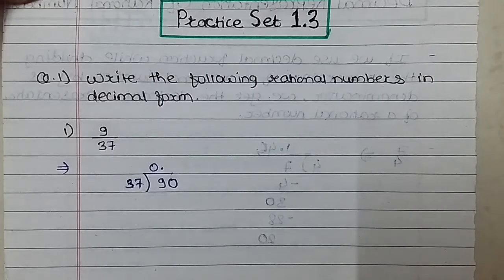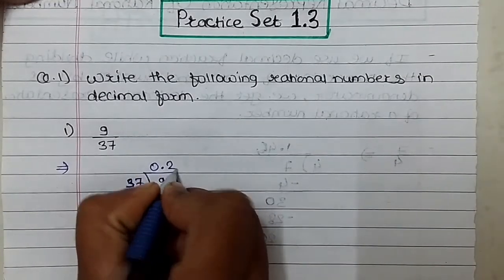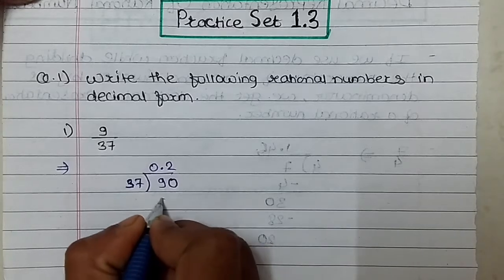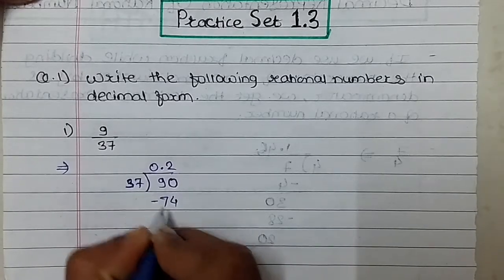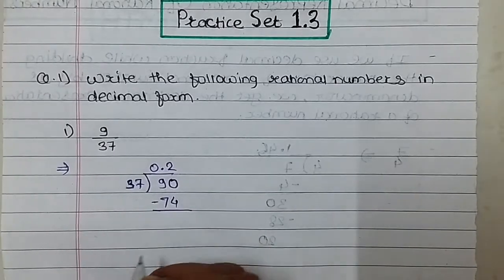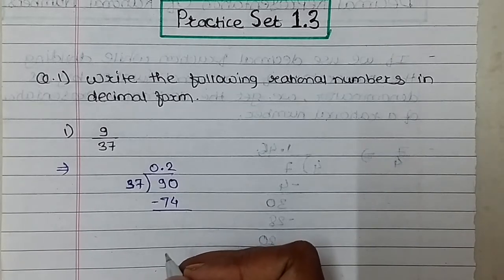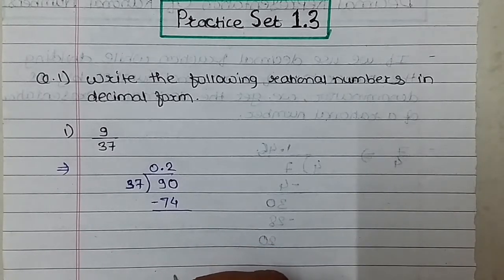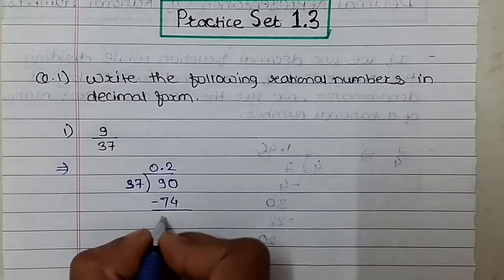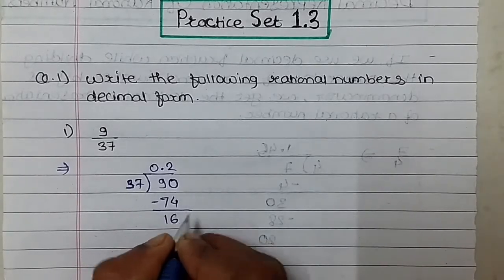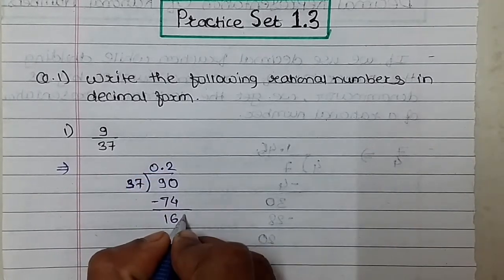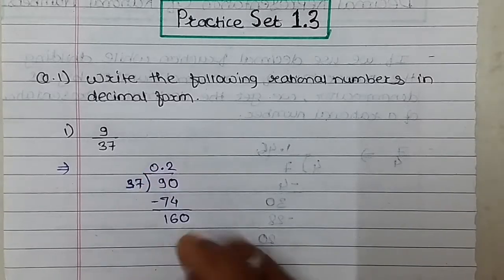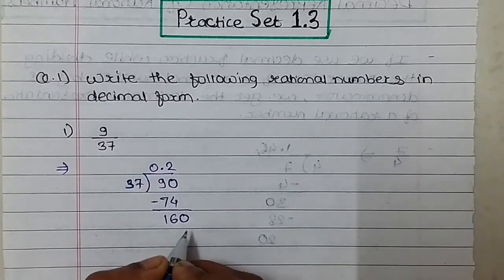Next, 37 twos are what? 37 twos are 74. Then what is your remainder here? When we subtract 74 from 90, what is your result? That is 16. Next, you add 0 here, because after the point we want to add 0.